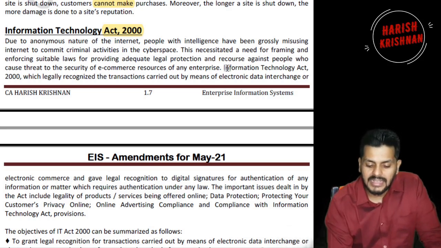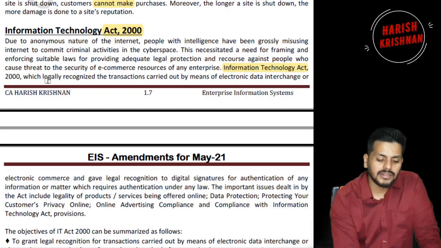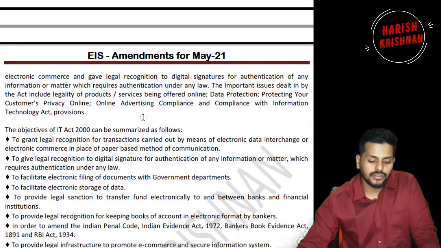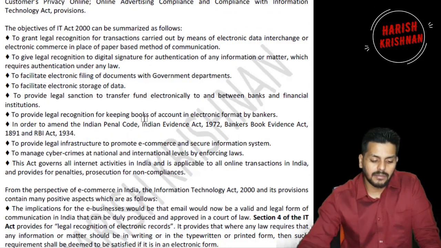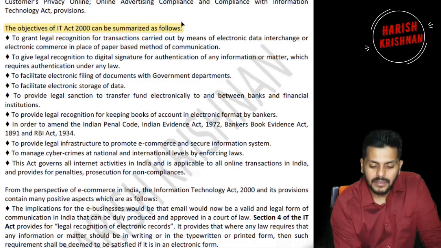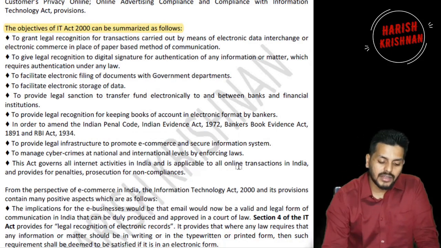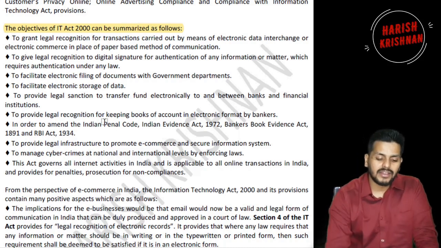You know that the IT Act 2000 gives you the legal recognition for all electronic transactions, and this particular question is from the first chapter. It's not new, but I've still continued to put it here. You can give it a reading.